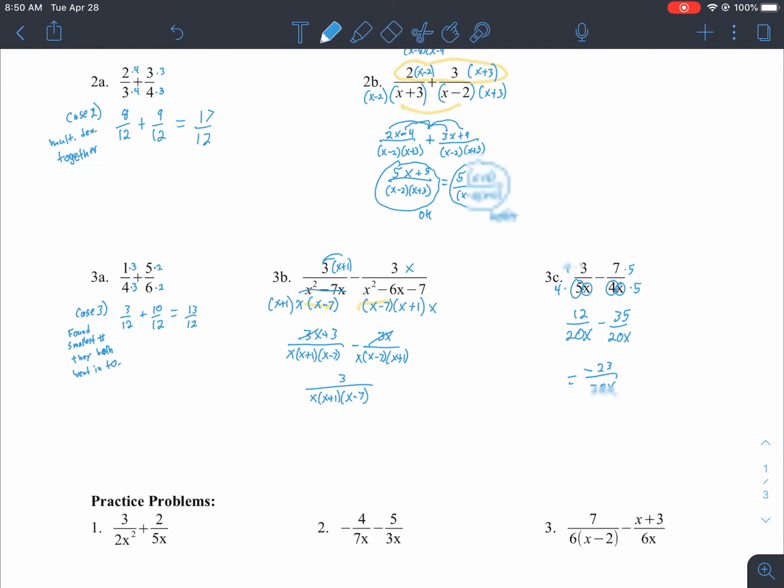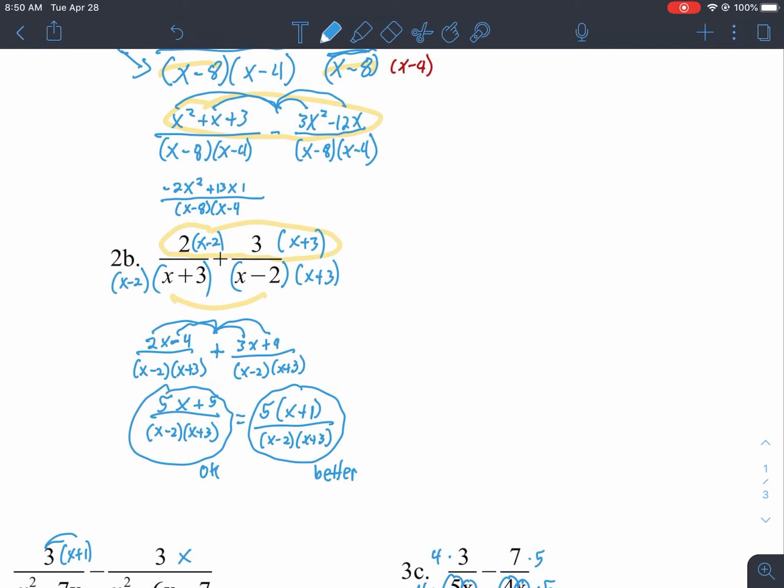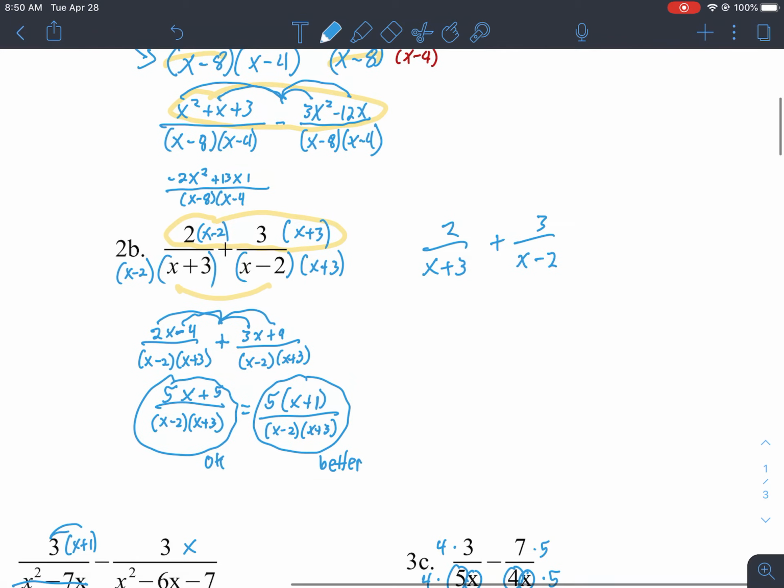And then one final thought. Something I neglected to mention. See if I can explain this clearly and quickly. Okay, let's go back to problem 2. You have 2 over x plus 3 plus 3 over x minus 2. Some people say, well, there's already an x in common. Couldn't you add 5 to the top and bottom here?